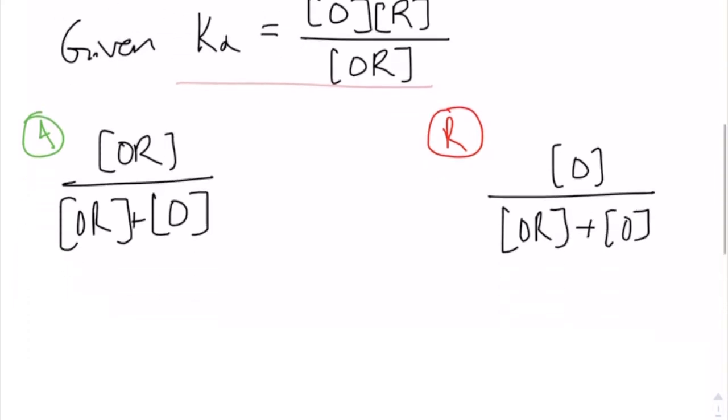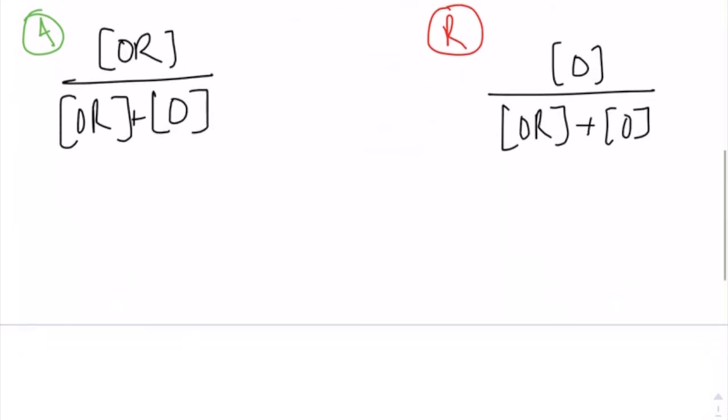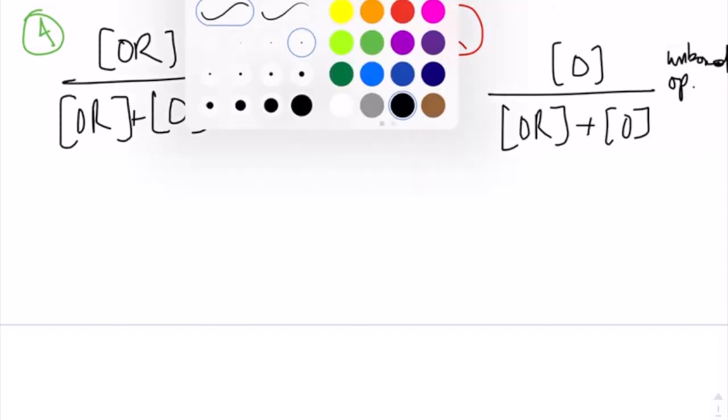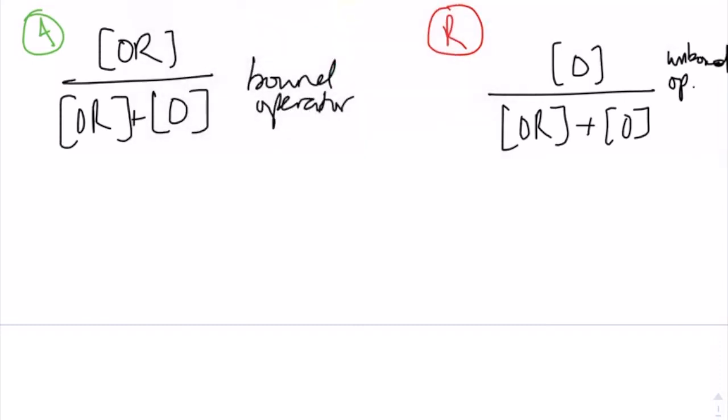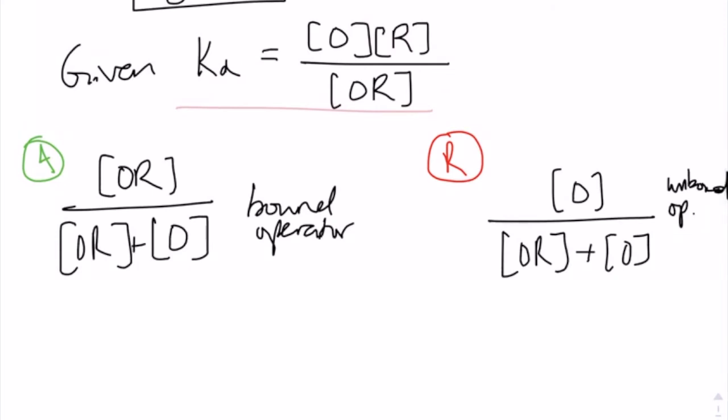I'm just going to focus on the activator. It's pretty simple to get the repressor fraction. Just as a reminder, this is bound operator, and this is unbound operator. So let's work with the left side of the equation, which is the activator side.